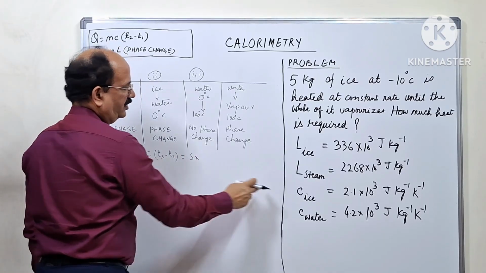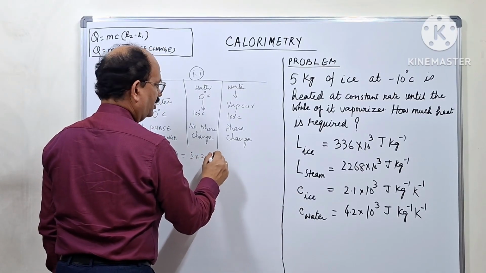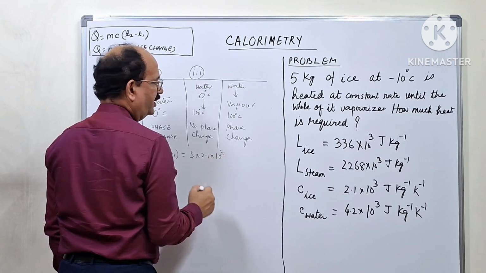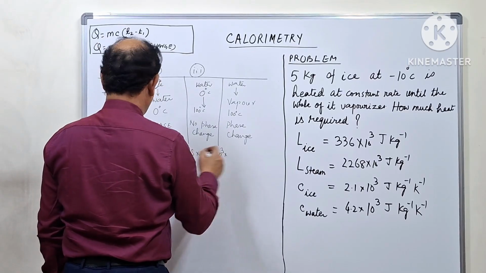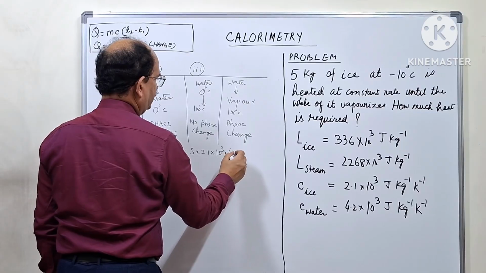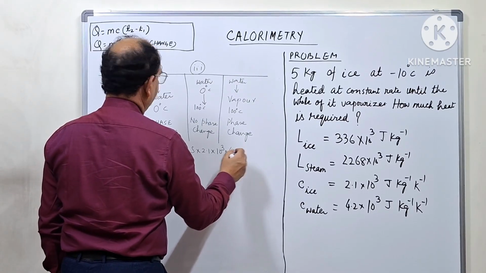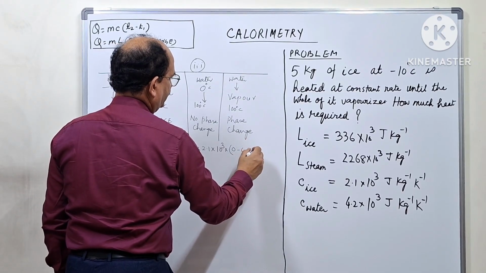The specific heat capacity of ice is 2.1 multiplied by 10 to the power 3 joule per kg per Kelvin into T2 minus T1. T2 here is 0 degrees Celsius minus the initial temperature of minus 10 degrees Celsius.